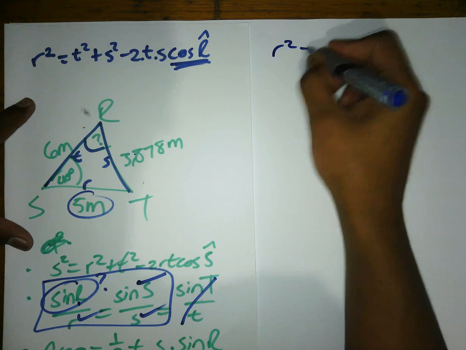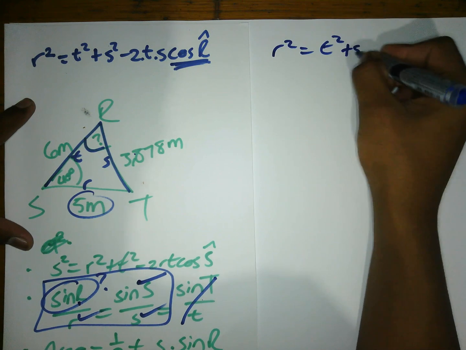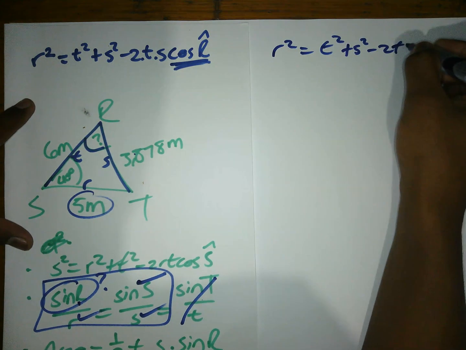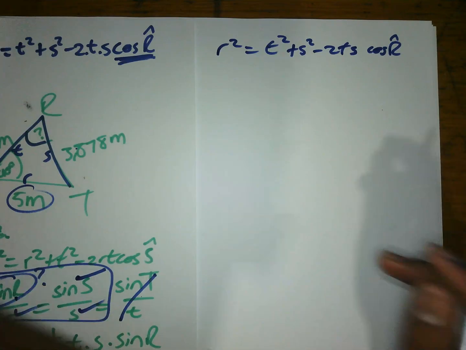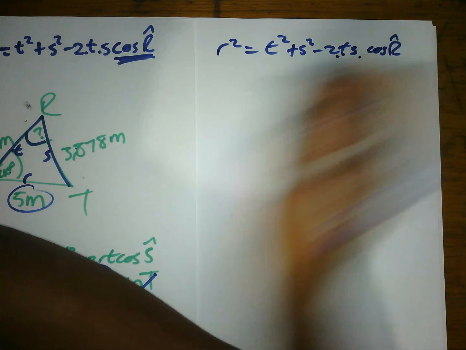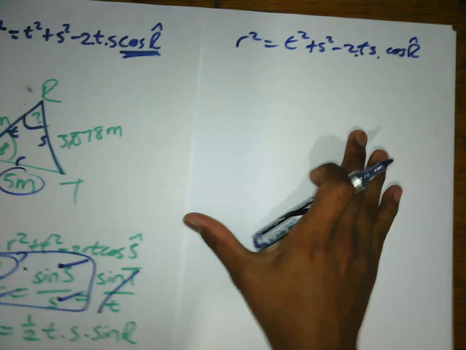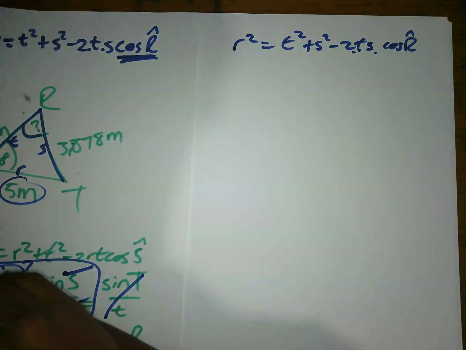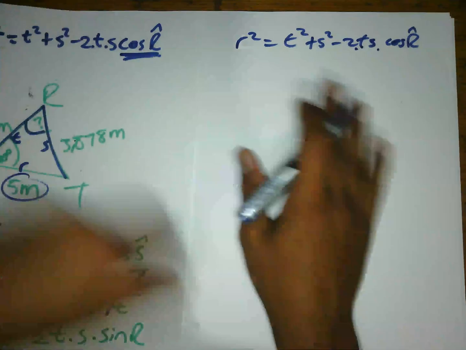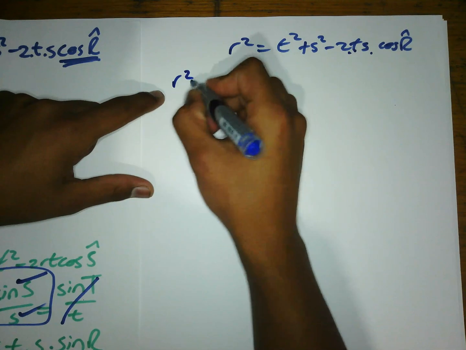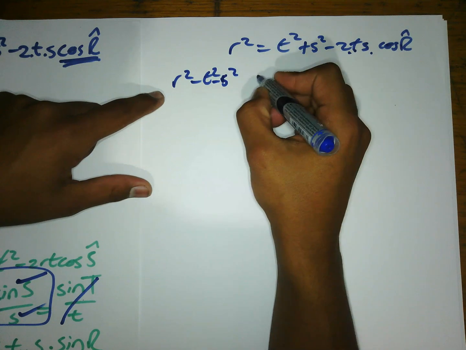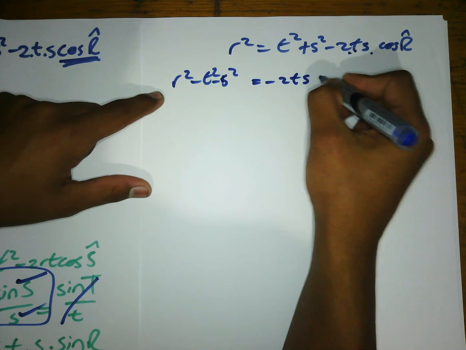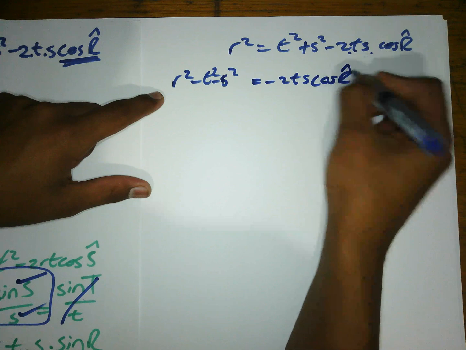So r squared equals t squared plus s squared minus 2ts cos r, like that. So my first step, the first thing I would do, is take over, so r squared minus t squared minus s squared equals negative 2ts cos r, like that.